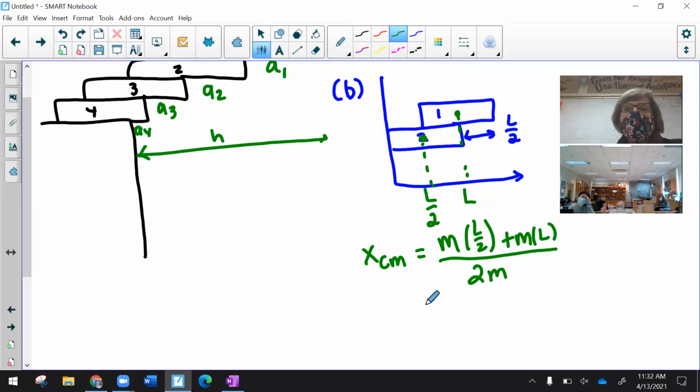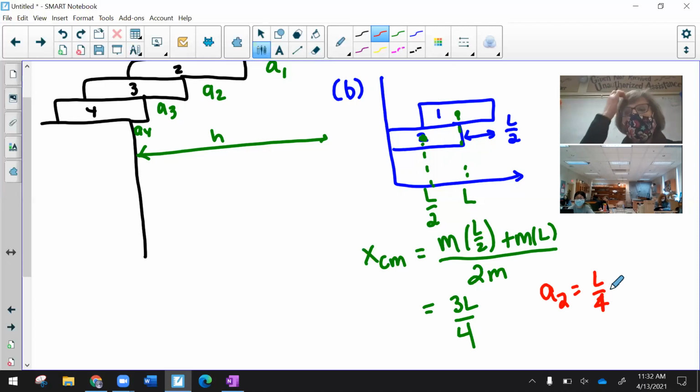If you squint your eyes and do the math, that tells you that the center of mass of brick 1 and 2 together is at 3L over 4. So that means that 3L over 4, as measured from the back of brick 2, needs to be over brick 3. That tells me that A2, the part that can hang over, is L over 4.